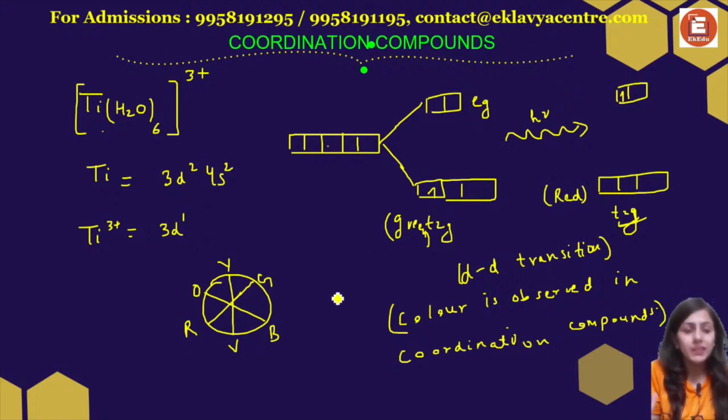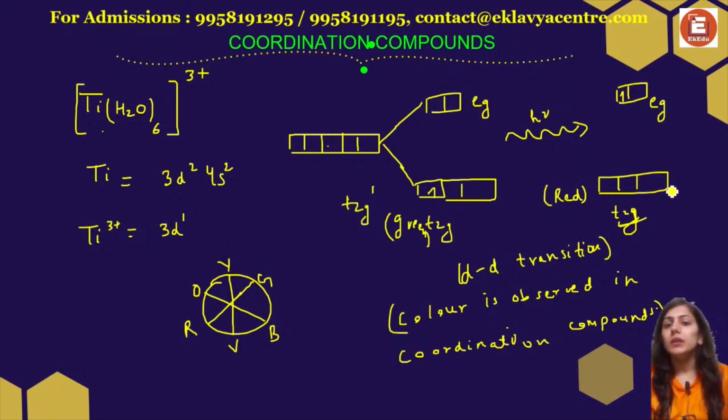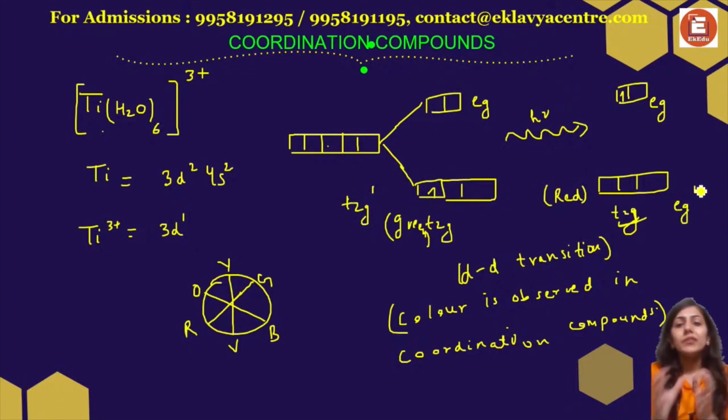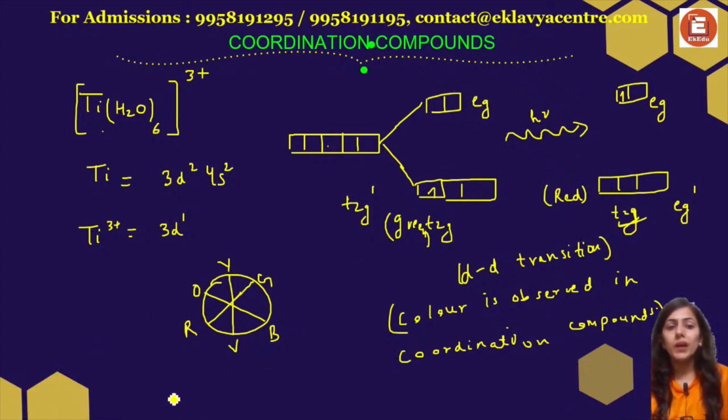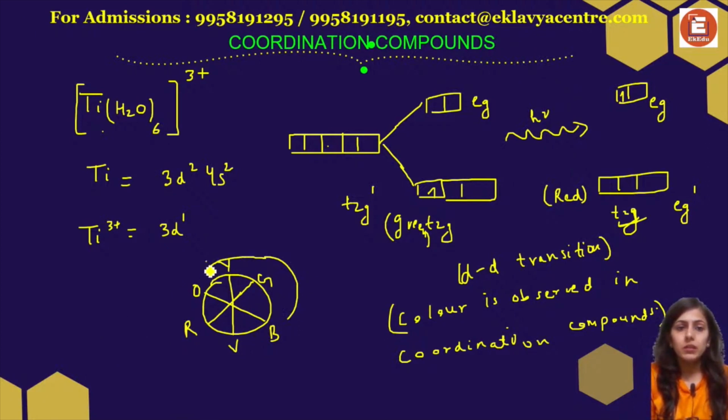After the absorption of energy, when the electron jumps from t2g orbital to eg orbital, we observe a complementary color. Here we have t2g1, but here we have eg1. As we move from violet to red, the wavelength lambda increases.